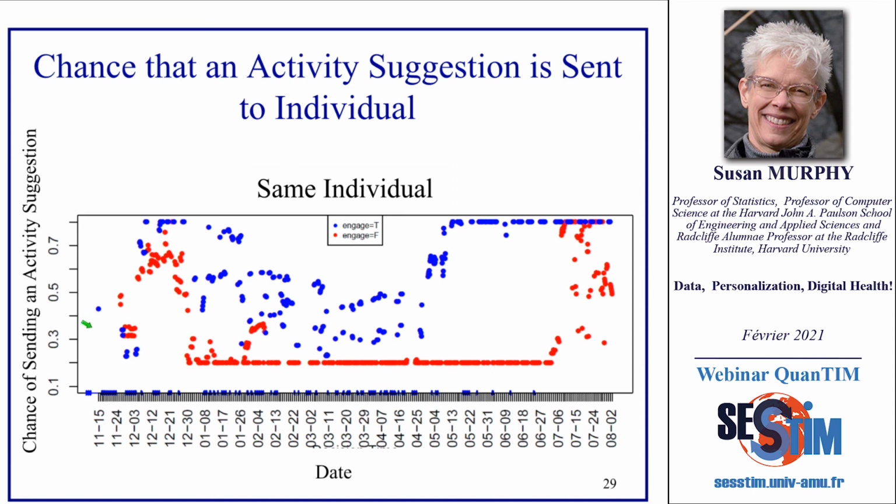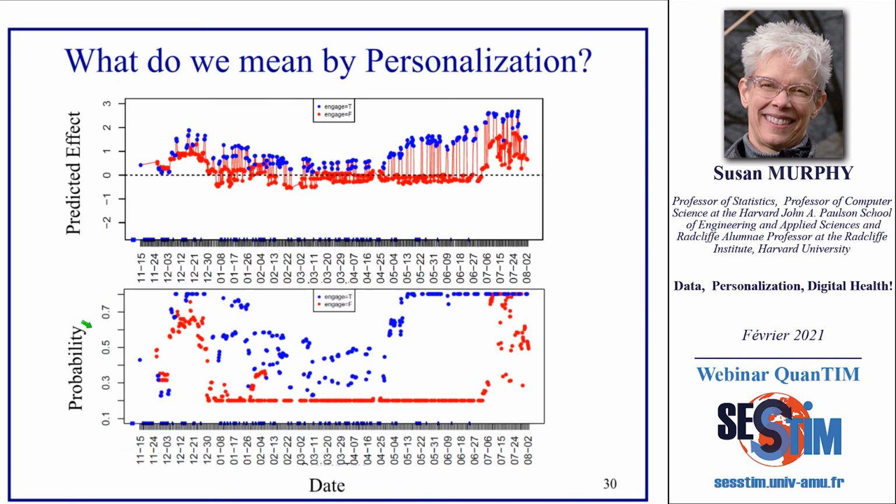So I want to show you one more slide. What I did was I took these two and stacked them on top of each other. This is what we mean when we say personalization. We have an algorithm which is tracking the individual, observes where the individual is at that moment in time, and whether they're engaged or not in this particular case, and calculates a predicted effect of sending the message in that setting.